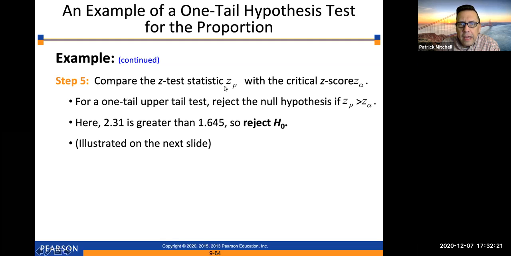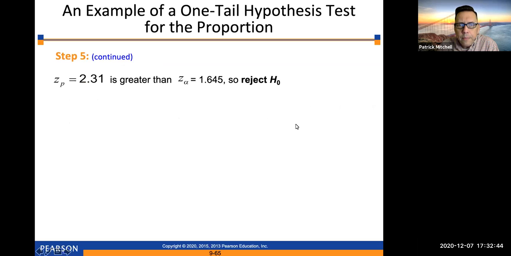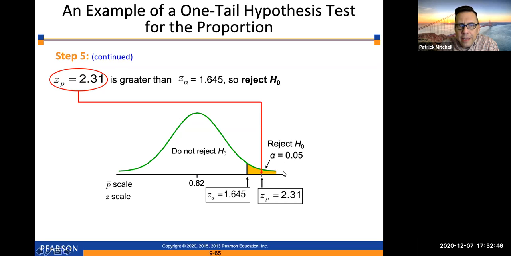All right, so now we compare our test statistic with the critical z-score. For a one-tail upper tail test, you reject the null hypothesis if your calculated statistic comes out to be greater than your critical value. Since 2.31 is greater than 1.645, we will reject the null hypothesis, as you see in this picture.